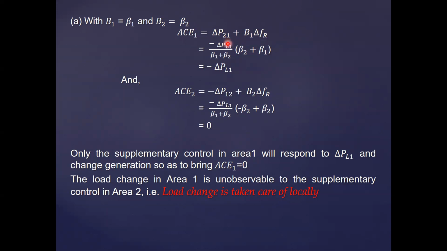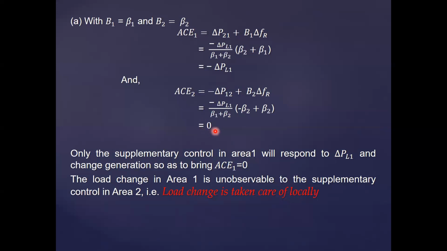And then with the manipulation, we had this. And then what you find here is area control error is equal to the load change in area 1. However, for the area control error for area 2, with this relationship, what you find here is it will be 0.